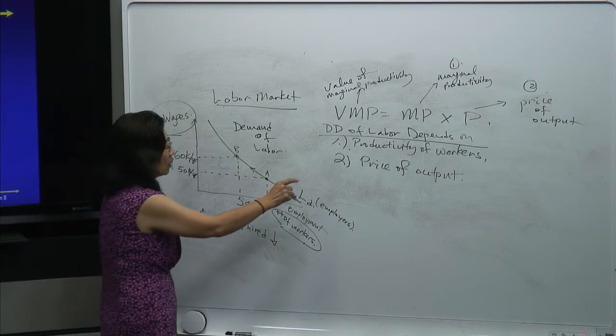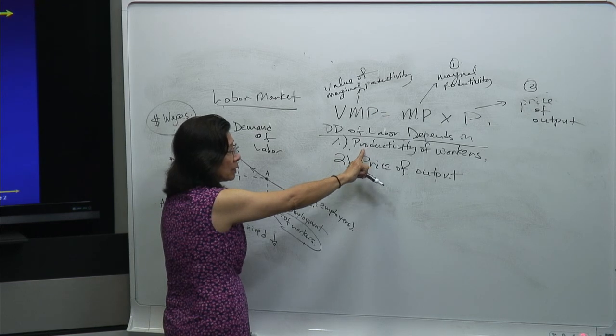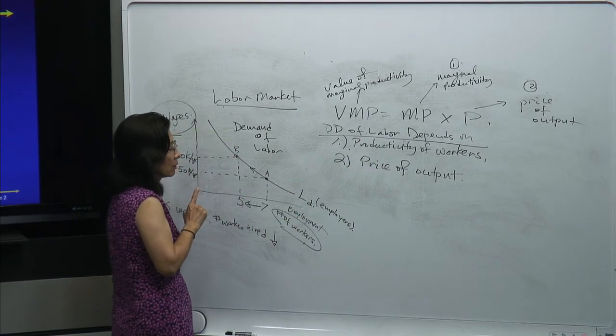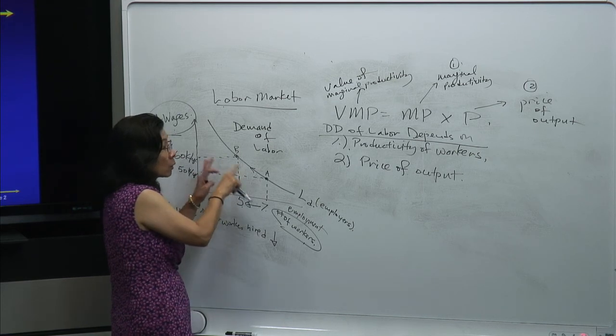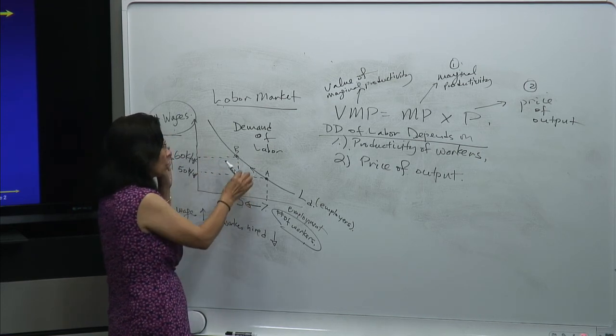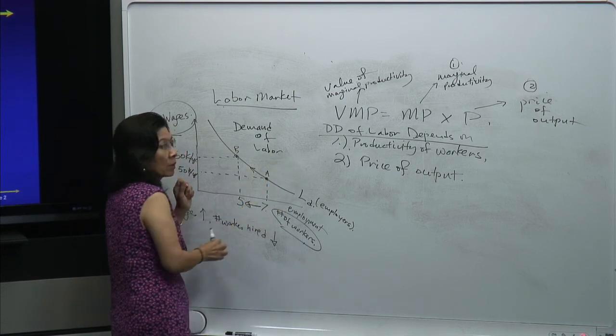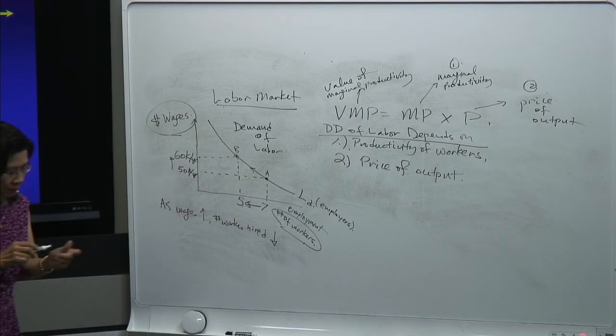But if either of those two factors changes, productivity of workers or price of output, it will not be a movement along the labor demand curve. It will be a shift of the original graph to the right. We'll look at that later.